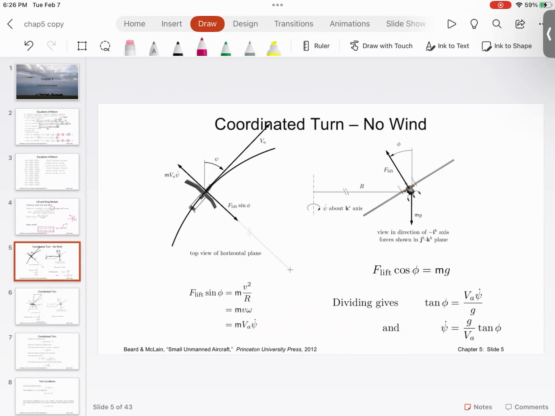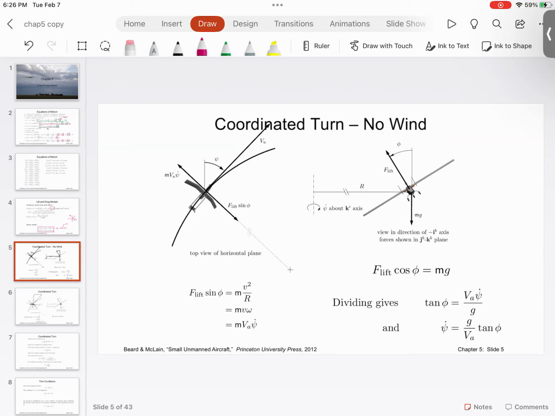Now, I want to talk about this important maneuver. Remember, aircraft has roll and yaw coupling, which means if you were to yaw the aircraft, the aircraft is going to roll. Aircraft cannot yaw something like this.